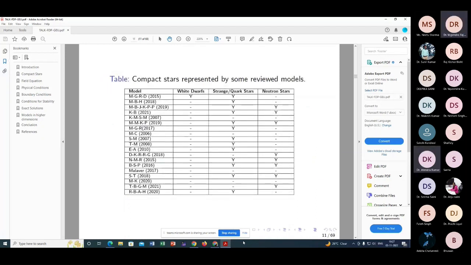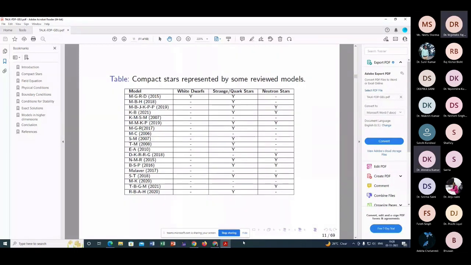And here we have this table. I have shown some models which were discovered by some authors. In 2015, they had a discovery model, and that model was capable of representing white dwarf stars as well as strange stars.